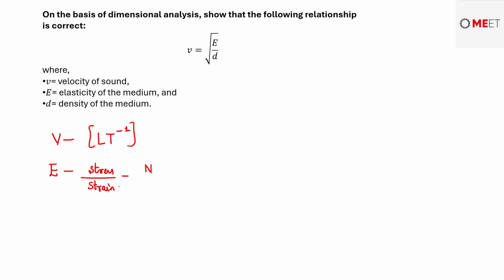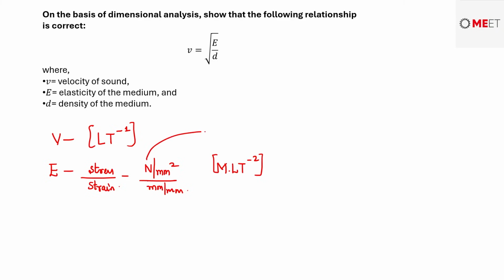Stress is expressed as Newton per mm square or meter square, and strain is mm per mm, a dimensionless quantity. Newton is a unit of force. Force is mass into acceleration, so mass is given by m, and acceleration is LT power minus 2.